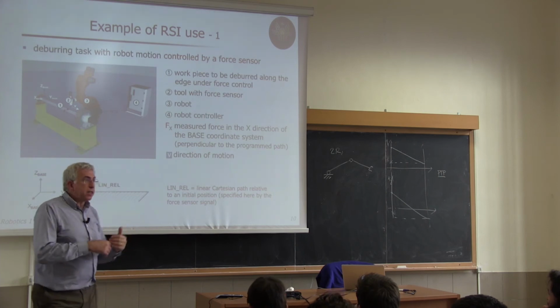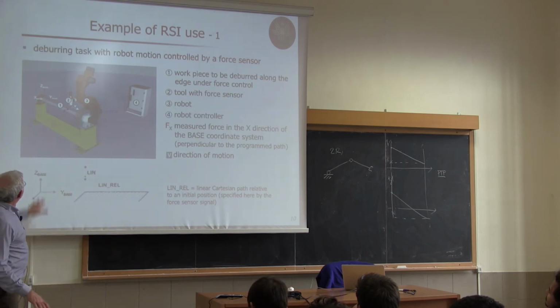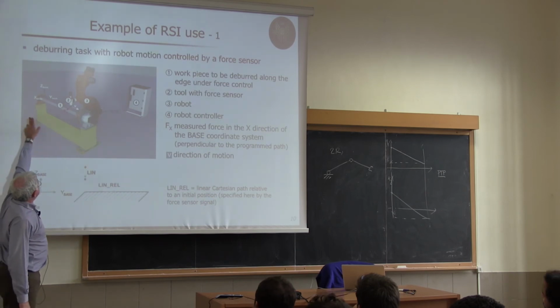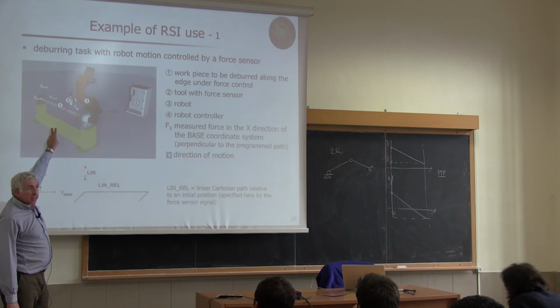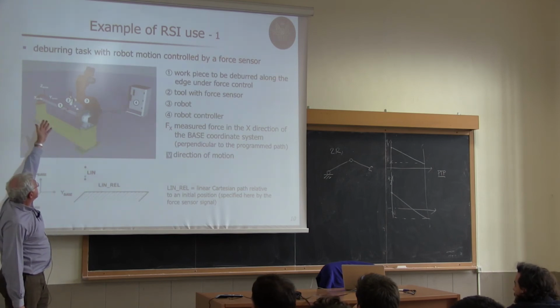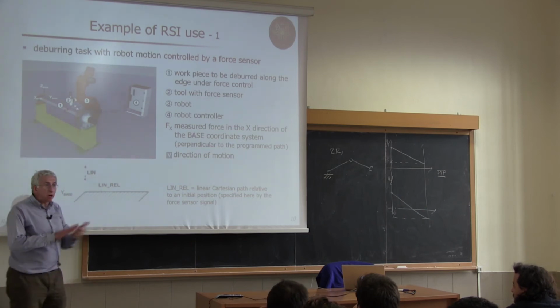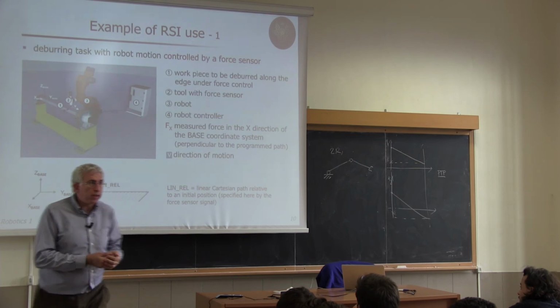So it converts this into its base coordinate, so into the x direction, reads then the force in the x direction, and if this is larger than some value, he knows that he's in contact and applies the right force, and then he could start moving.